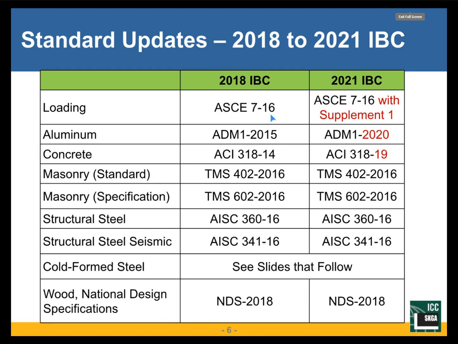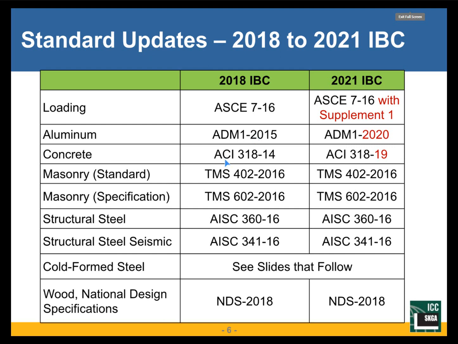And we will talk about the resulting changes in chapter 16. The Aluminum Design Manual, the edition has changed, but that is a half a page in the code that we are not going to bring up any further.